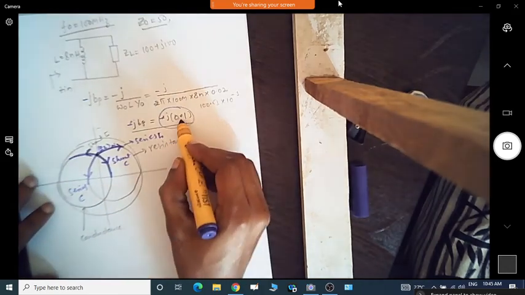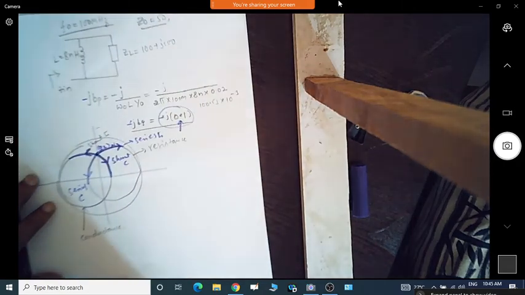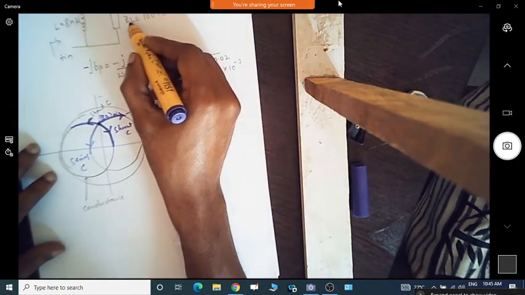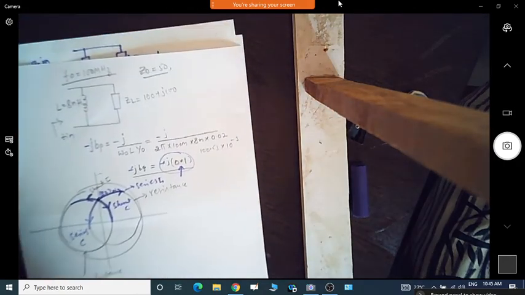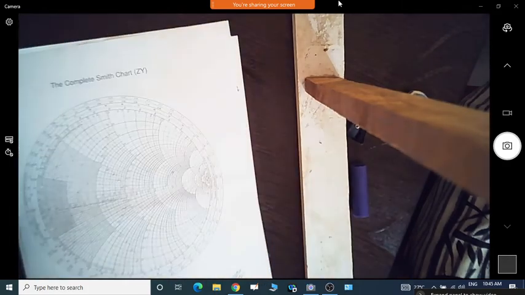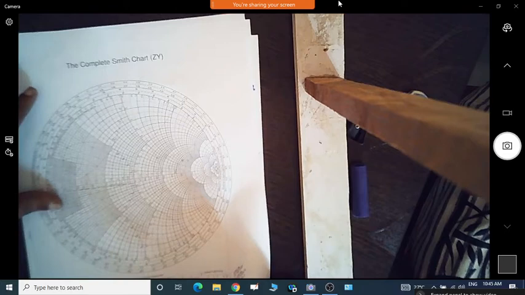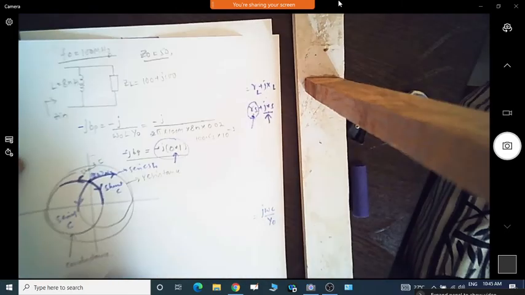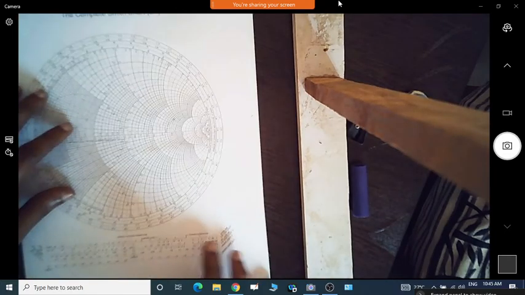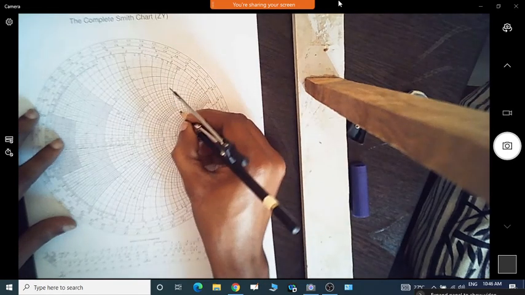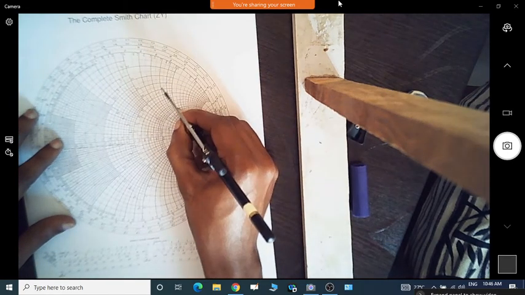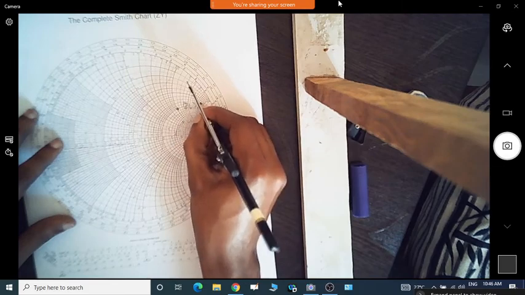So now we have the value 0.1, which we need to add to the normalized load value. The load value in our case is 100 plus j100, which is 2 plus j2 if you normalize, and we will get this point here. So this is where we get the Z normalized value.